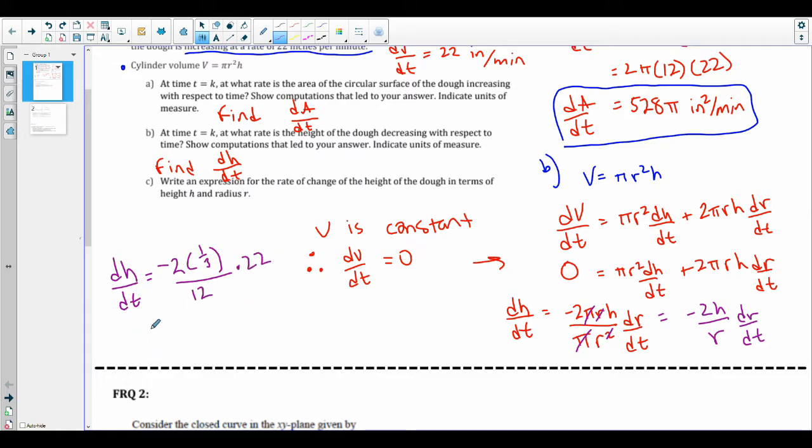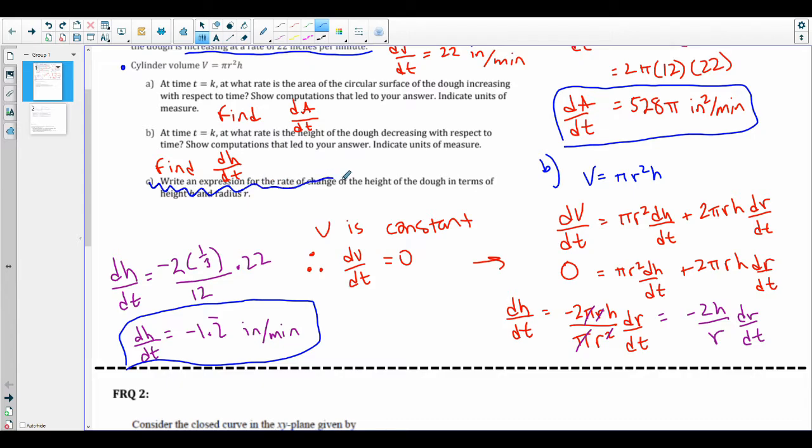So I punched all this in my calculator and I got negative 1.2 repeating inches per minute. And I said you guys could skip C, so don't worry about that. We'll come back to stuff like C later, but basically that's a parametric equations problem, which we're going to look at a lot later, so no big deal.